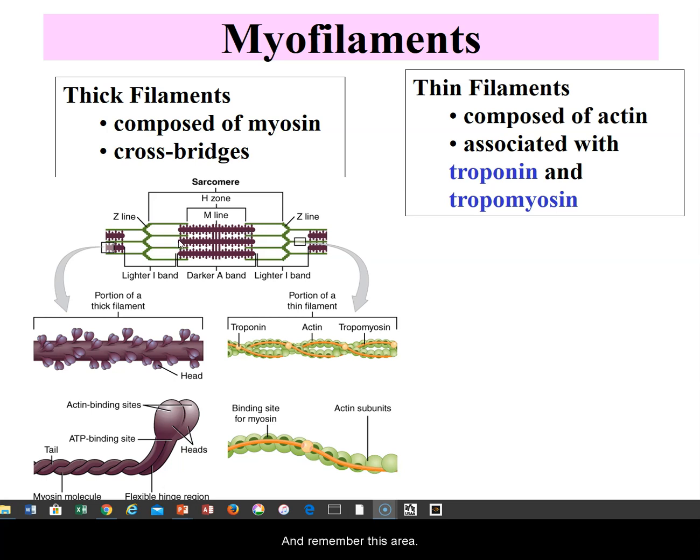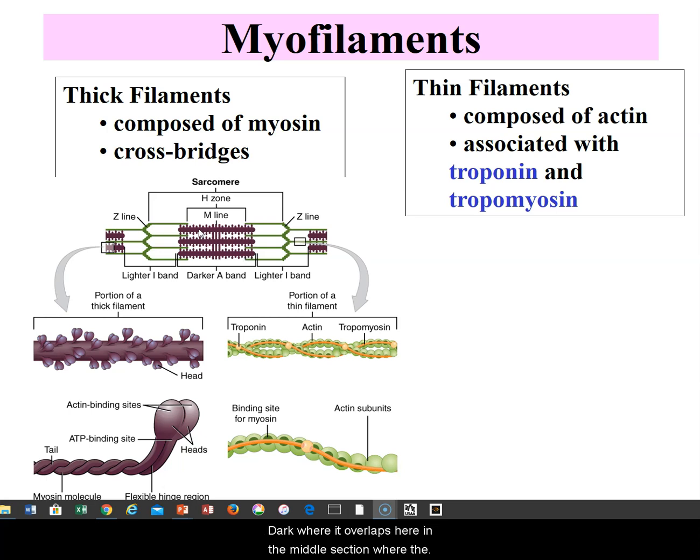And remember, this area, this lighter band of color, is called the I band. And in the middle is the Z line, the I band. From this end of the myosin to this end of the myosin is going to be the A band. Where it overlaps is going to be dark striation, medium dark, dark where it overlaps here.